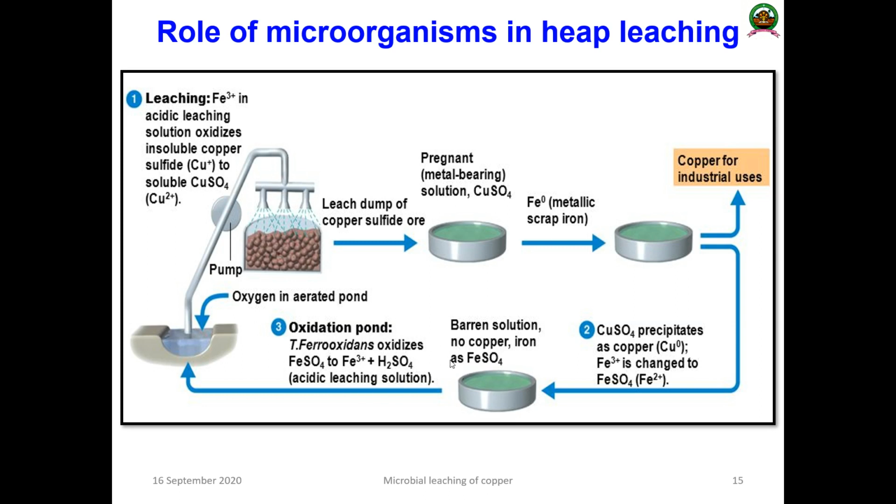Along with that, you know that the free copper also will be leached out. So that acidic leaching solution will be separated. In fact, that is an indirect mechanism of bioleaching. So this is the role of the microorganism. That is the important step here.